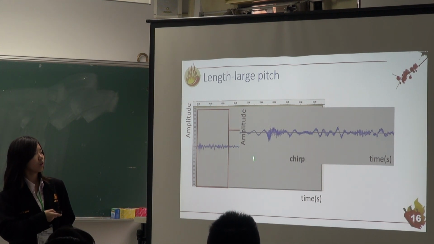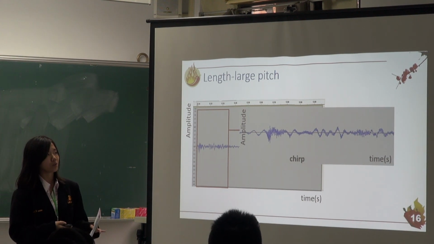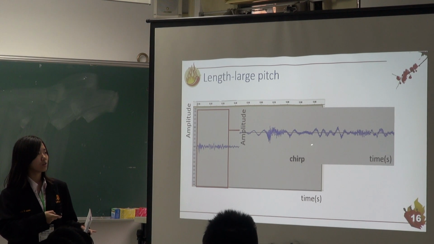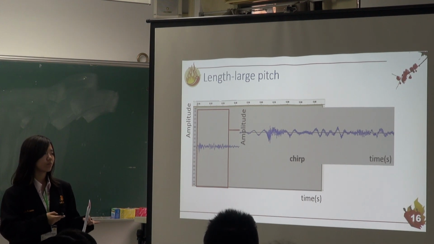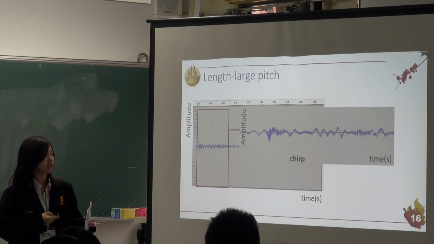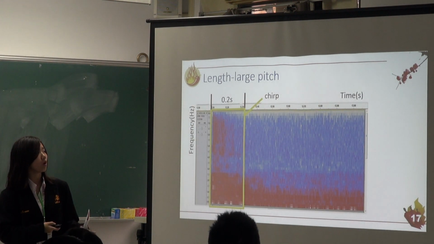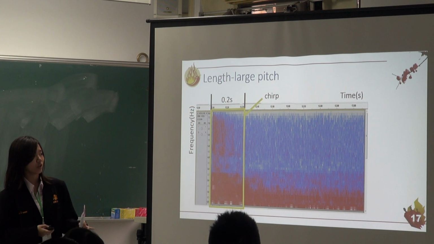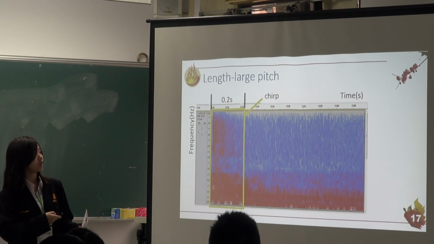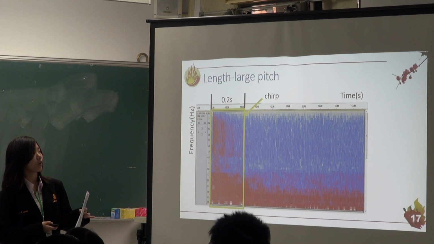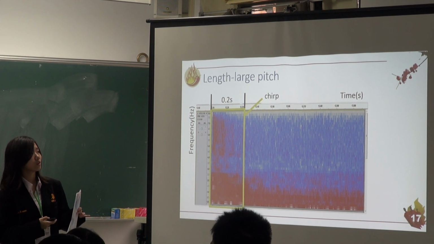This was very close together, and after some time a significant wave will appear. This is a spectrogram of the largest pitch, and you can see the time interval is 0.2 seconds.